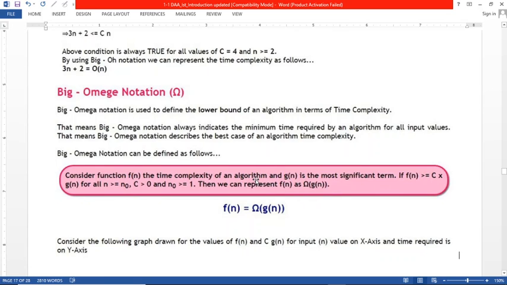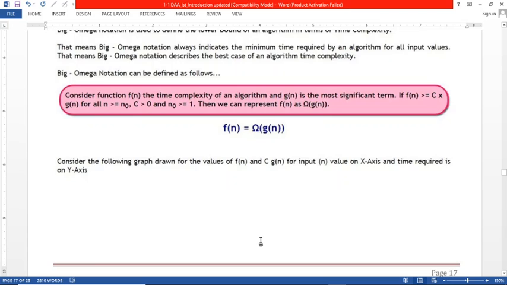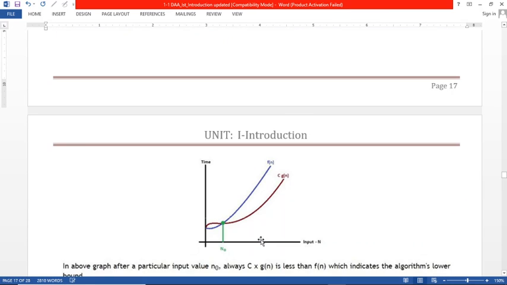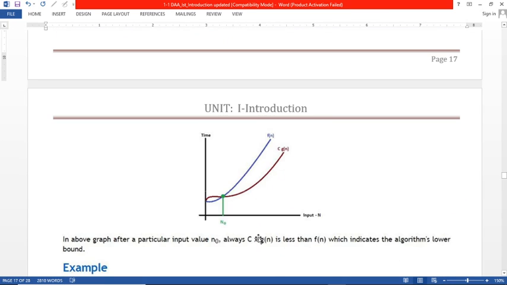So here in the graph, you will easily understand. The difference between big omega and big O is that g of n is in the lower bound. Whatever the time complexity of our algorithm f of n, if it is completing before that, then this is the best case.